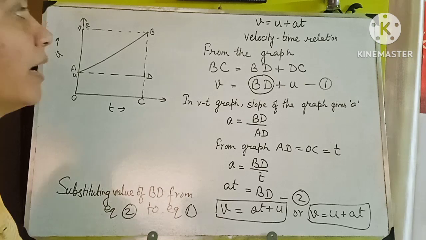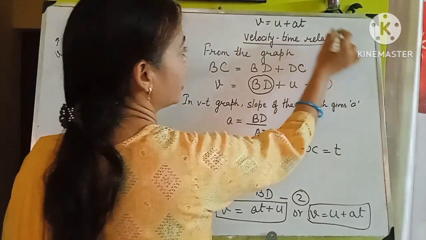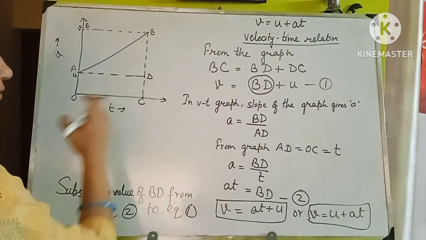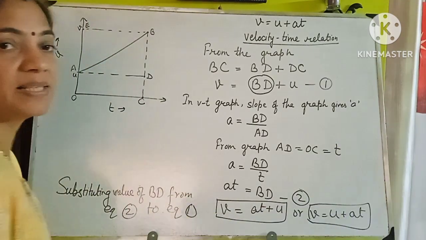So we have derived the velocity time relation, or the first equation of motion, graphically, which is V is equal to U plus AT.